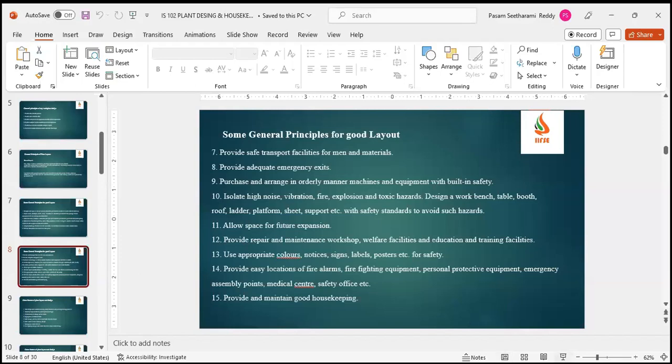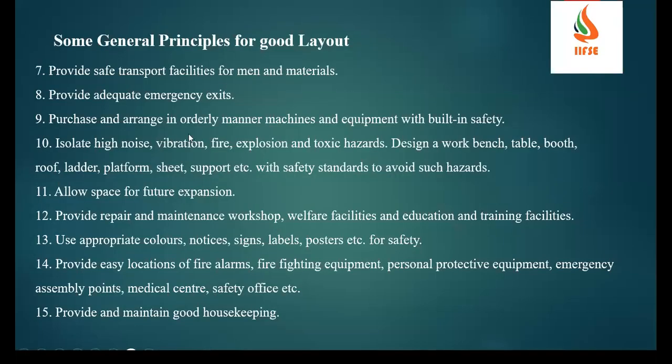Here, purchase and arrange in an orderly manner machines and equipment with built-in safety. Built-in safety, in the sense, I'll give a general example. Now we are getting automobiles and cars. Before, we had hub brakes, wheel brakes, drum brakes or disc brakes. Now we have evolved into a new braking system, ABS.